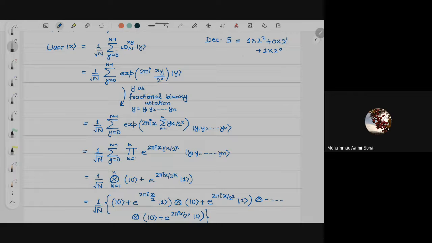So this will be 5. Generally, for any number y, we can write it with a representation like this, y equals y1, y2.